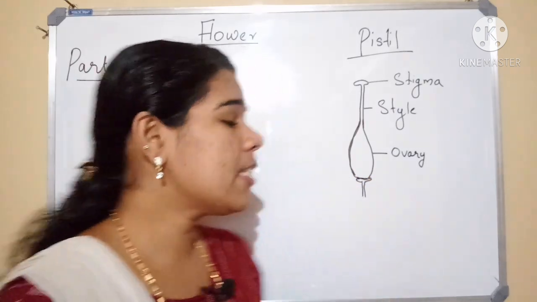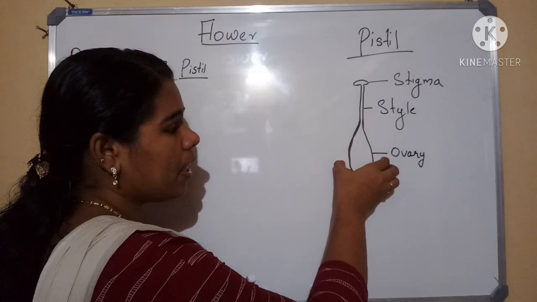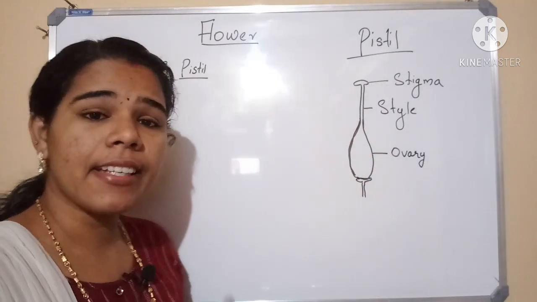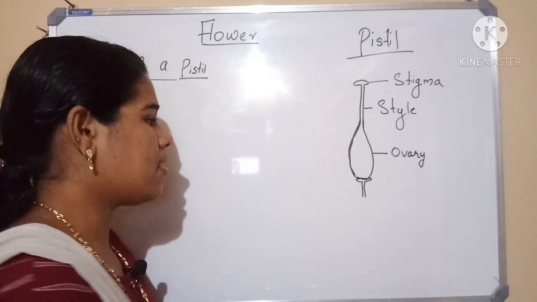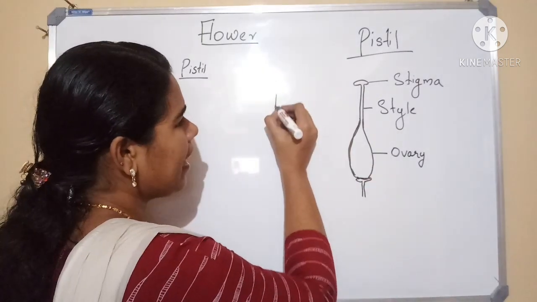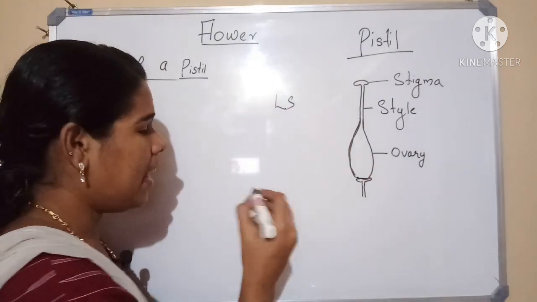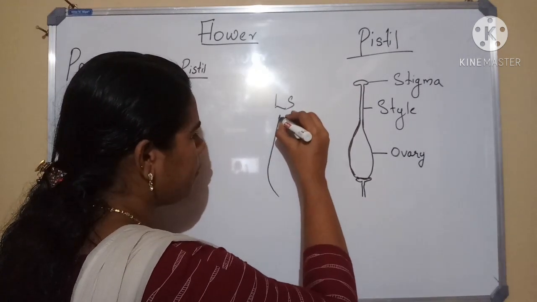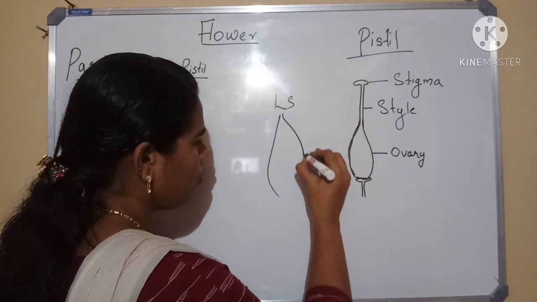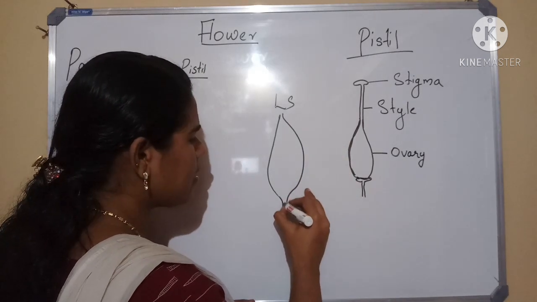So when we take the ovary's cross section and longitudinal section, what can we see? When we take the LS of the ovary portion, you can see small bead-like structures inside the ovary.